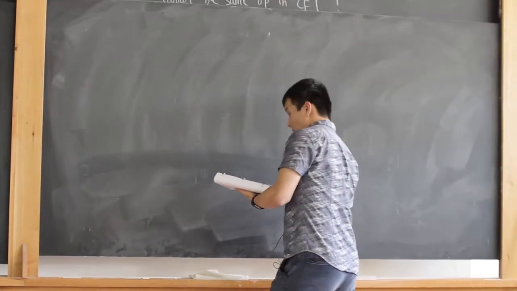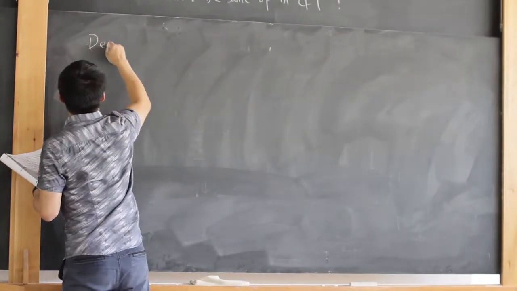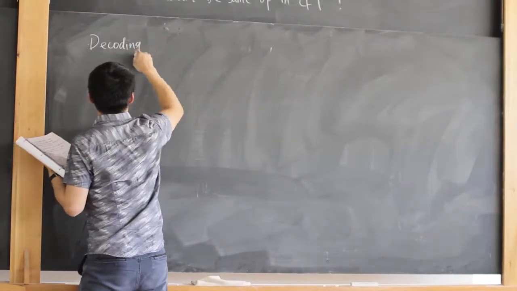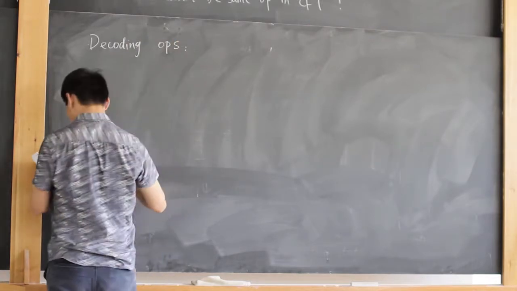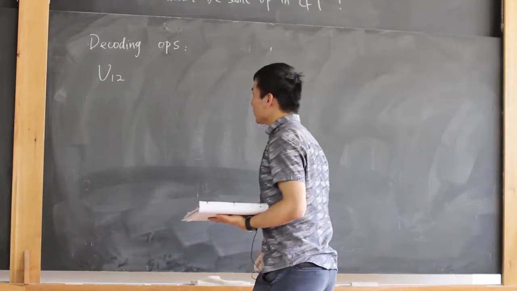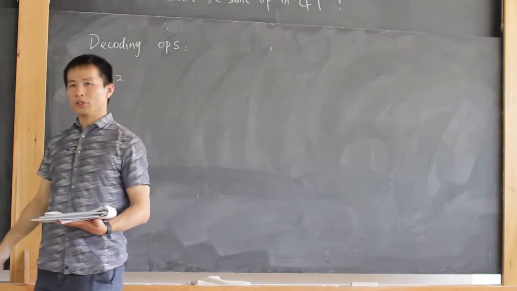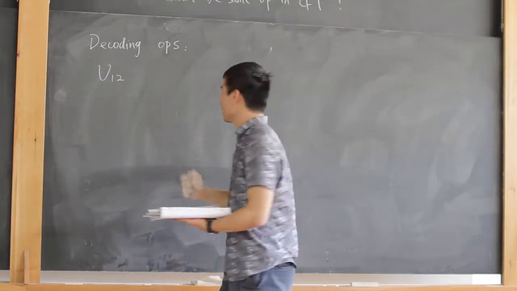So in order to see that, we can define the so-called decoding operators. So we can define a unitary operator U12. U12 really means it acts on the first and second qubit.